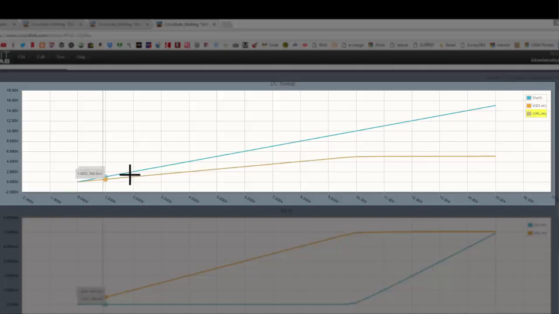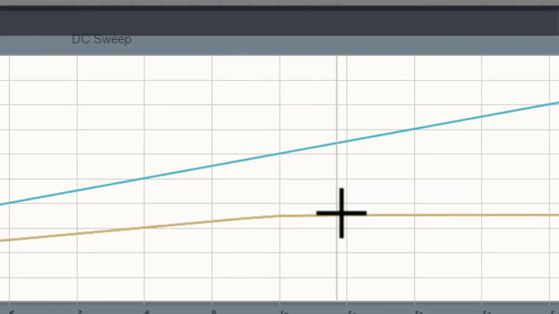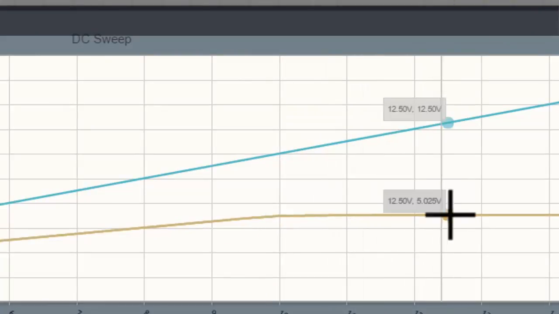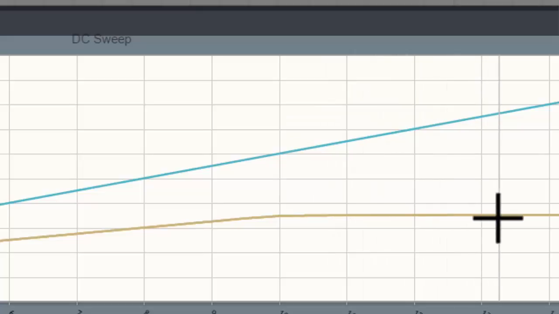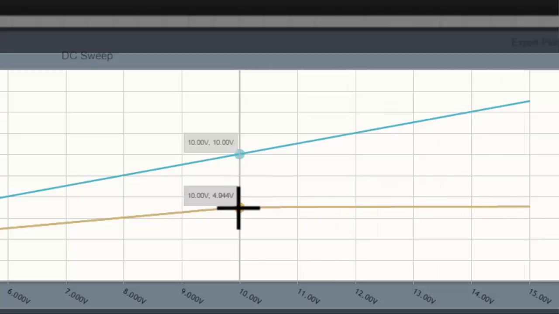But as the input reaches 10 volts, the voltage across the load resistor will saturate at 4.9 volts all the way. Even if the input voltage goes up beyond 10 volts, up until 15 volts, the voltage is regulated at the output within 5 volts only. So this is what we mean by a voltage regulator, because at the output, it will limit the voltage to be at 5 volts only, regardless of what the input is.